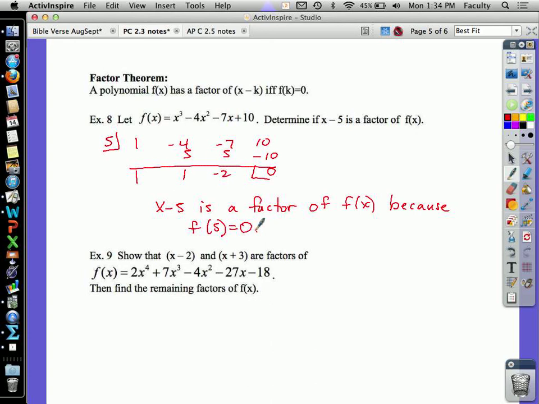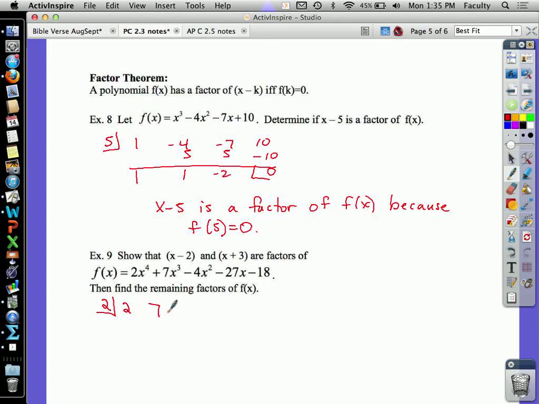But some will say, completely factor f of x. Well, that's something else where you have to use the given factors as well as the found factors to completely factor it, okay?